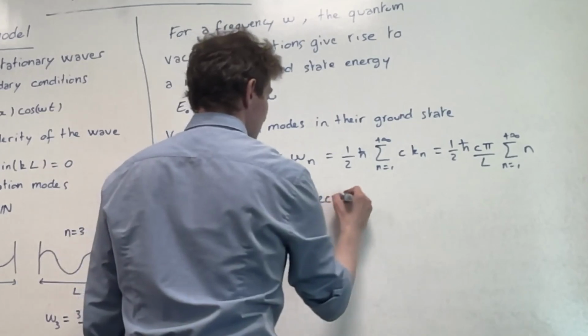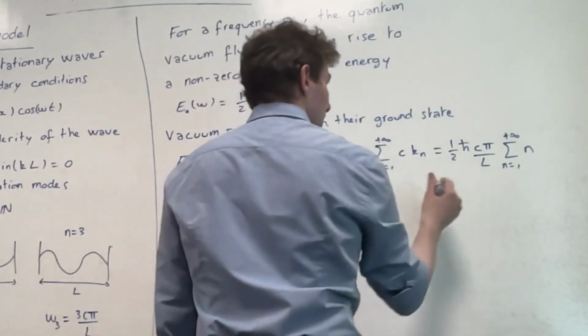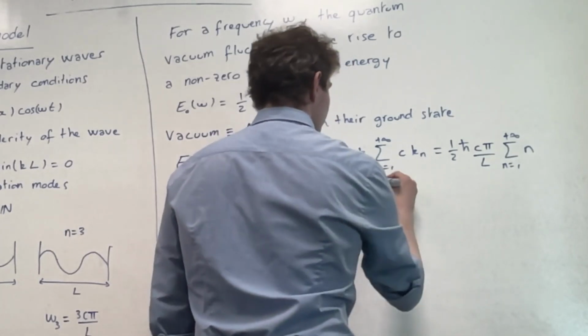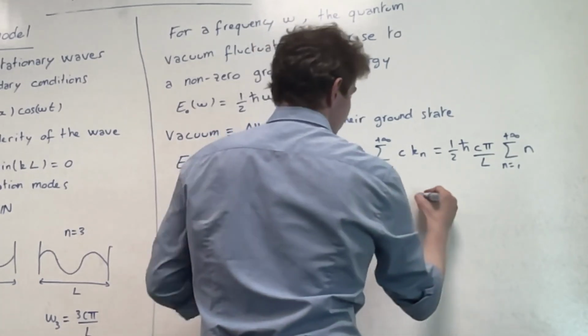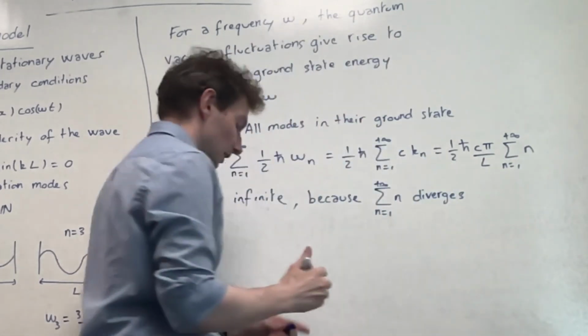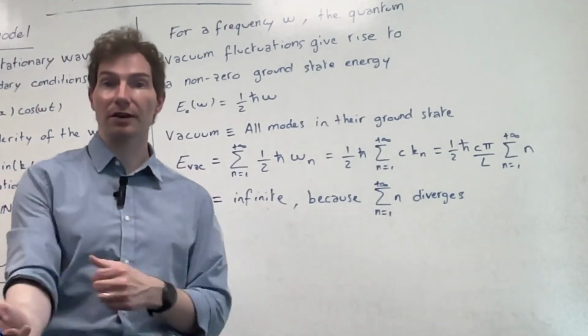What we get is that this thing is infinite because this sum diverges. Okay, and so what we need to do is regularization.